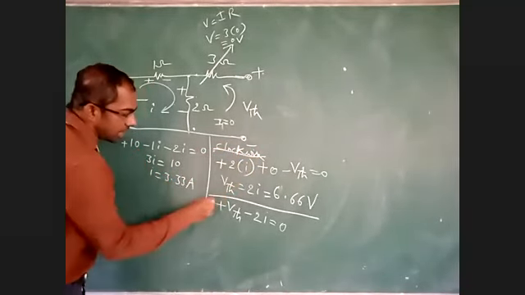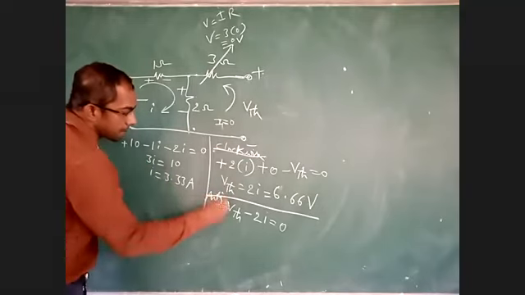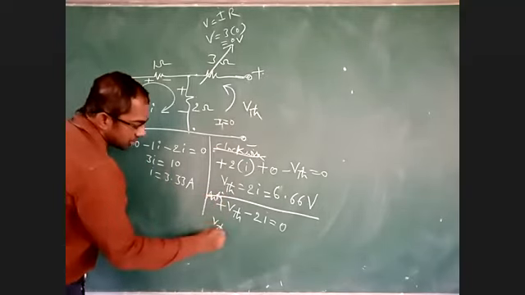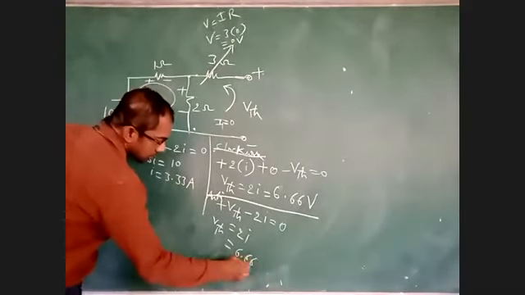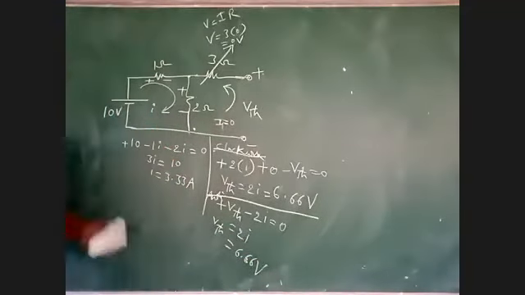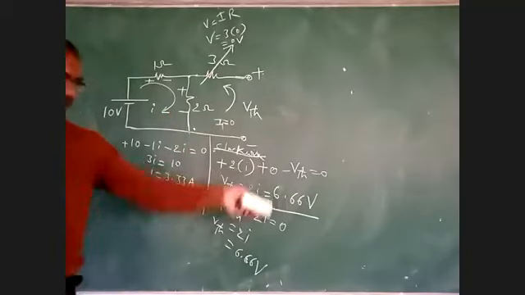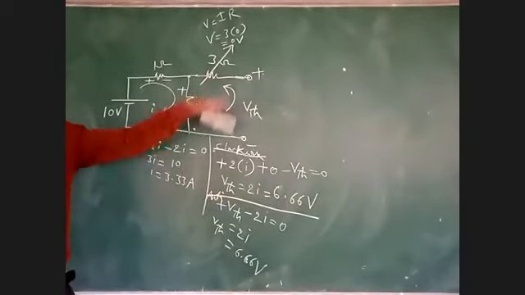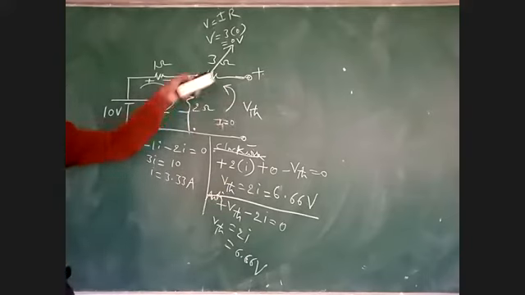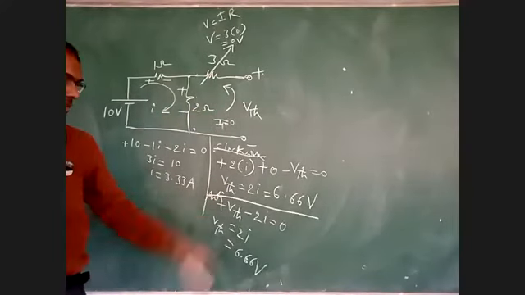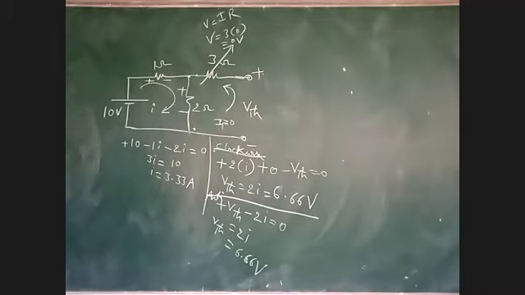If you consider anti-clockwise, VTH is equal to 2 into 3.33, 6.66. You will get the same answer, because this is not a current direction, only a reference. Whether you consider clockwise or anti-clockwise, you will get the same answer. That is VTH.